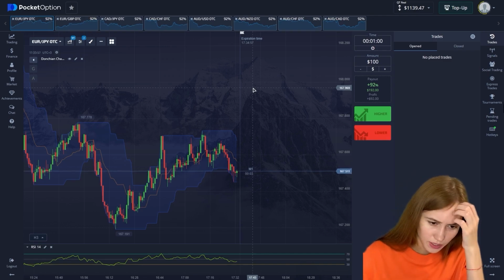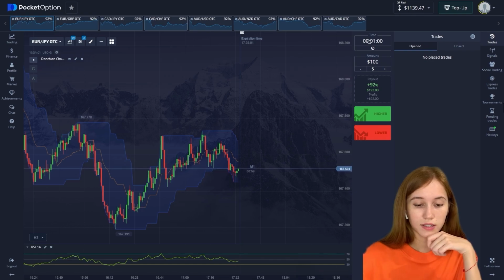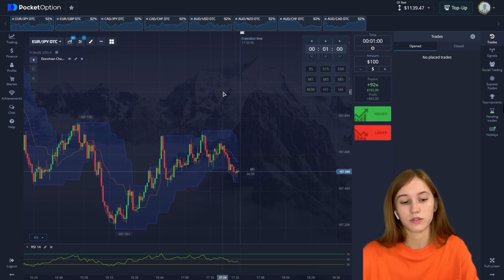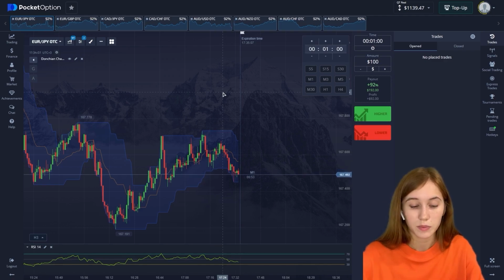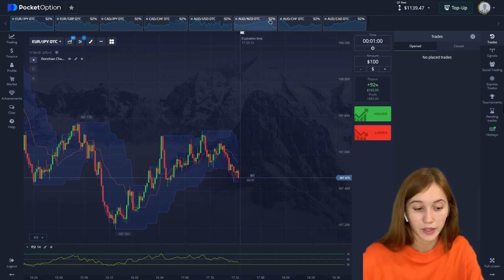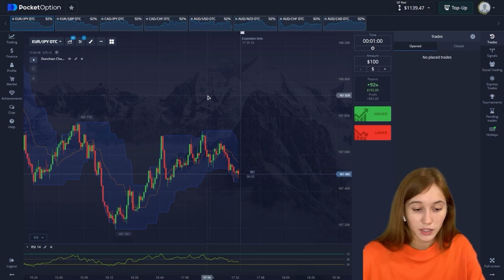Let's go through the settings. The deal time is 1 minute. Then we choose what to trade on. This asset pair, I will also note, the payout rate is more than 90%. The higher the better. I do not recommend trading below. Technical analysis was used for general analysis.